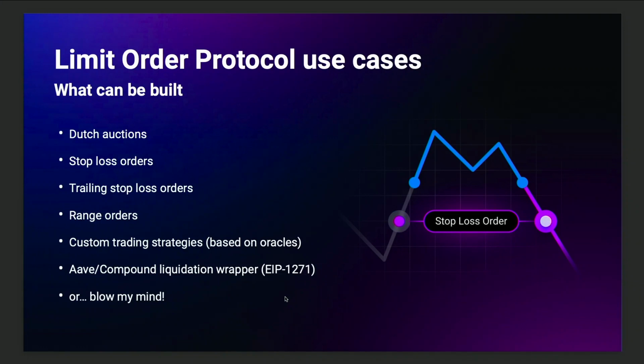And one more thing is that it's possible to create a limit order which would behave as a liquidator inside of it. So it's possible to encapsulate liquidations of different money markets, and this would make these liquidations more accessible.